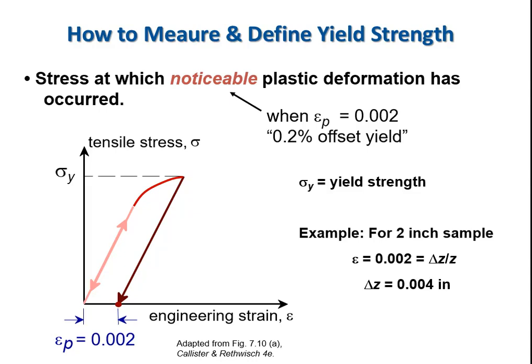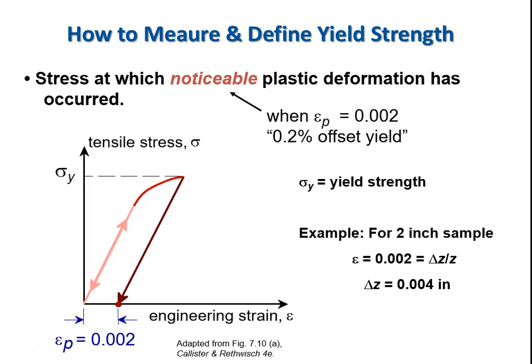So we would start at the origin, go over 0.002, and since strain is otherwise dimensionless, that's elastic strain, it's 0.002 unitless, and then draw a line parallel to our original stress strain curve, using the slope equal to our modulus, and to where it intersects our actual measured curve. And that point at which we intersect our actual measured stress strain curve with our constructed curve is the yield stress. So we just need to practice that a little bit to get the gist of it.